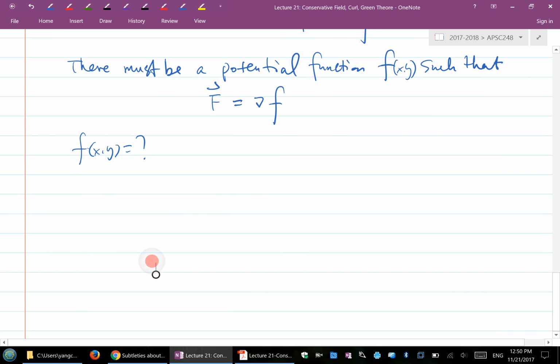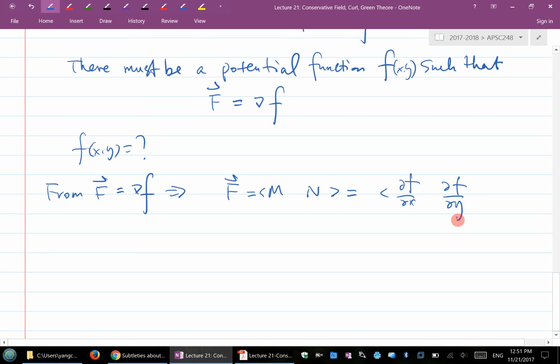So we still start from here. This is what we know. We just don't know what the small f is yet, but we do know that the vector field comes from del f. What that means is, F function equals M, N, and this del f equals partial f partial x, partial f partial y.